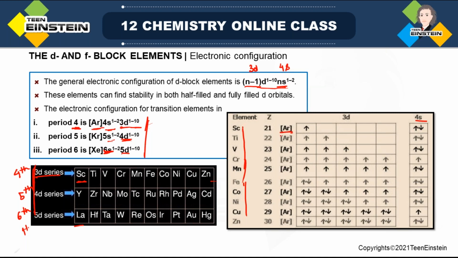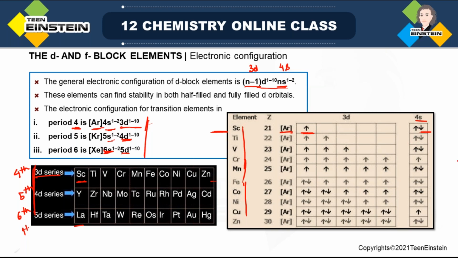That means potassium and calcium, these two will be just before scandium. So that is why the atomic number will be 21. After argon there will be 19 for potassium, 20 for calcium, and 21 for scandium. So only one electron in 3d, and 4s is always 2.